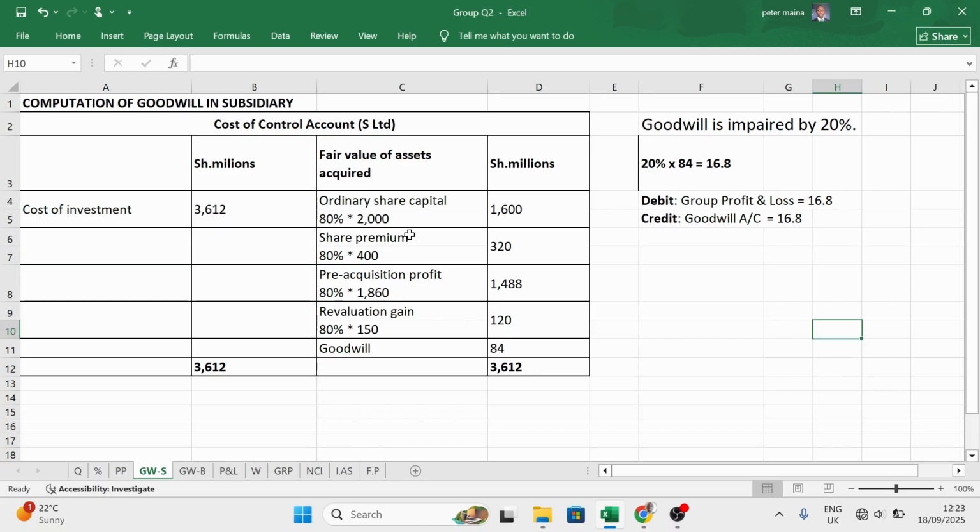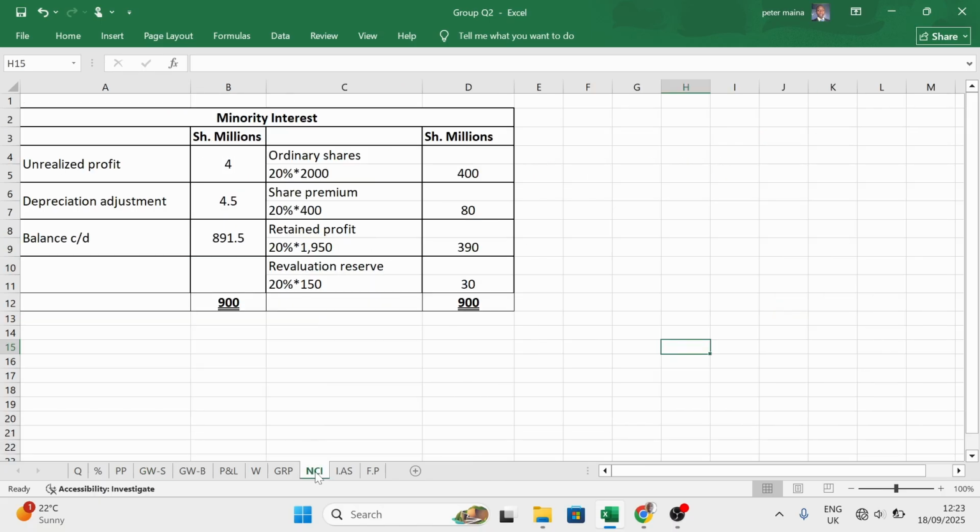So all these items in the COC account also go to the minority interest, but here you take the percentage of the minority, and the retained profit is neither pre nor post acquisition, but both pre and post acquisition. Then on the debit side, these are the expenses where the minorities had a share.